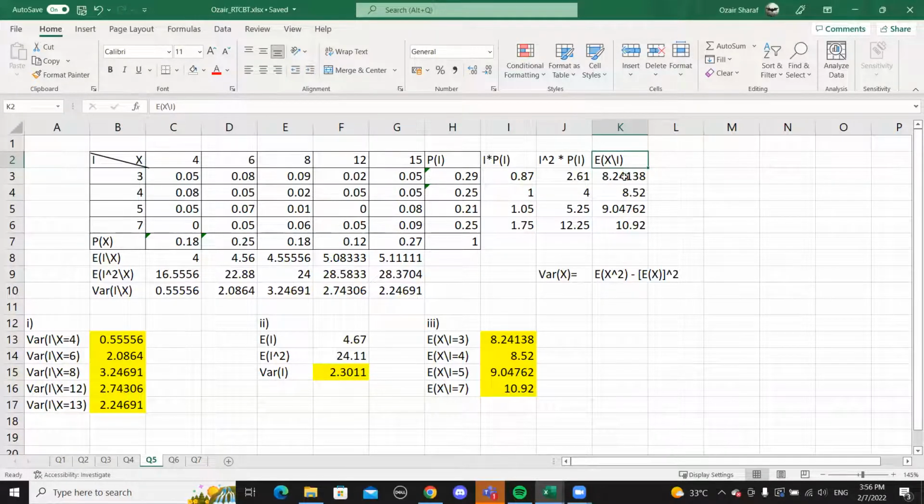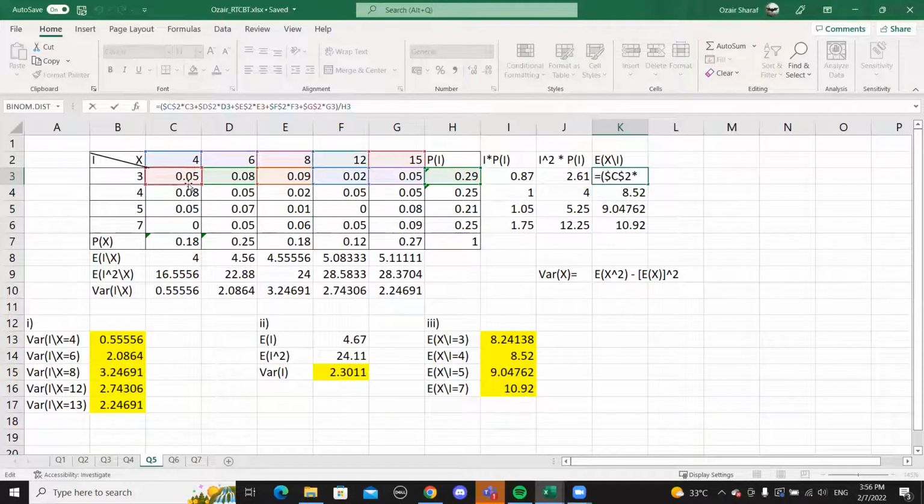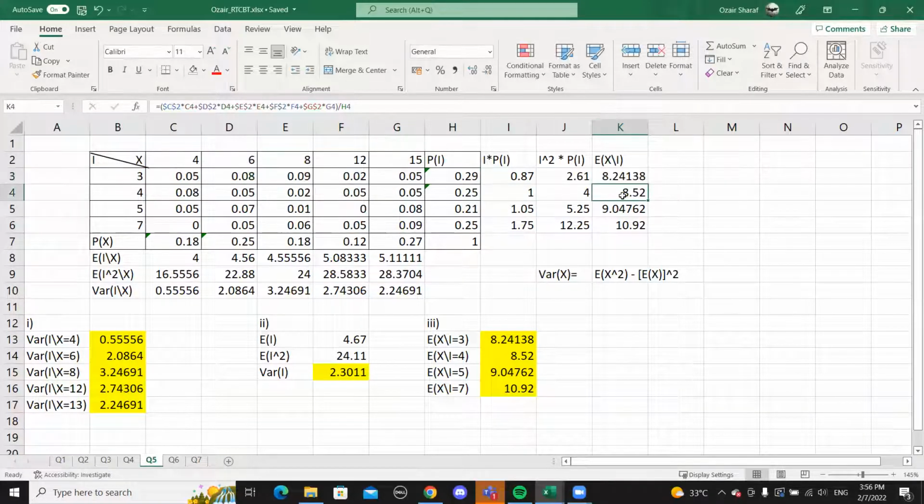For the first bit, it is basically 4 multiplied by 0.05 plus 6 multiplied by 0.08, and so on and so forth. Divide by 0.29 because the probability has to equal 1, and this is the correction that needs to be done. And the same has to be done for the rest.